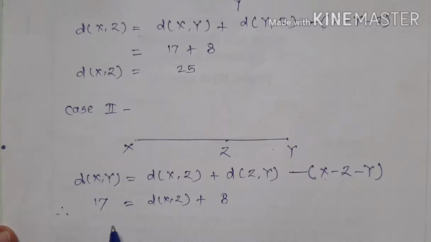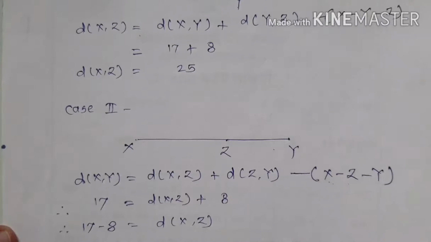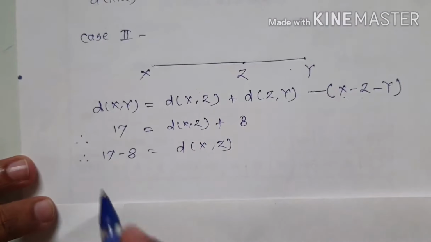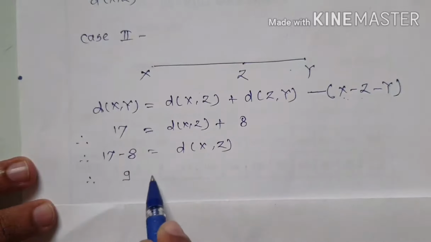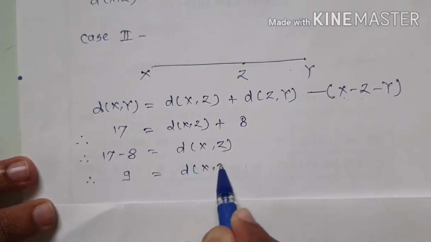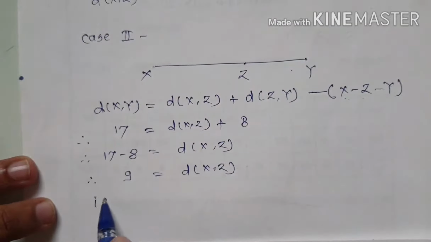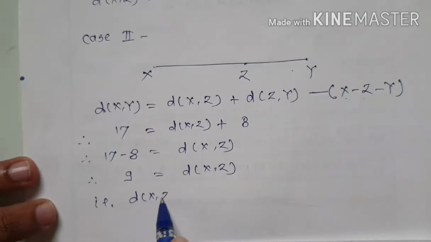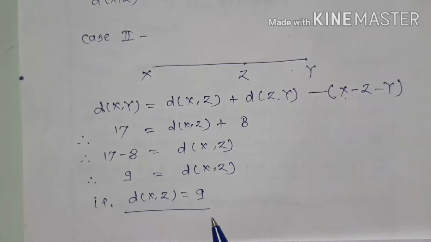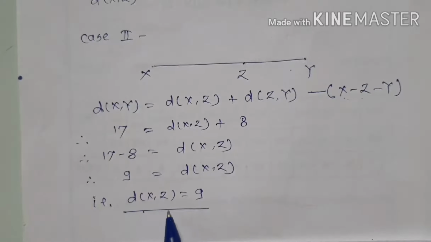If we transfer 8 to this side, it will be 17 minus 8 equal to distance XZ. If we subtract 8 from 17, we get 9 is equal to distance XZ, that is distance XZ is equal to 9. So for the second possibility, we have the distance XZ as 9. So these are the two possibilities, and that's why we have two answers for this question.